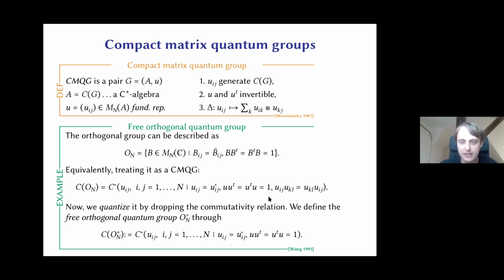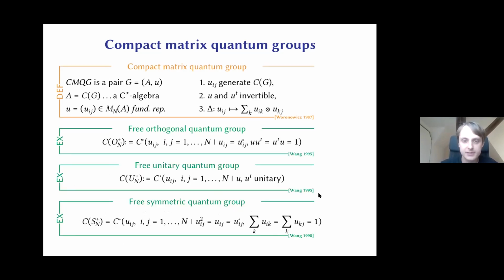So if I take the same set of relations, but remove this commutativity, I can define the so-called free orthogonal quantum group, which I denote by O_n^+. Okay, so that's the typical example. This was defined by Wang in 1995, and there are several other similar examples.